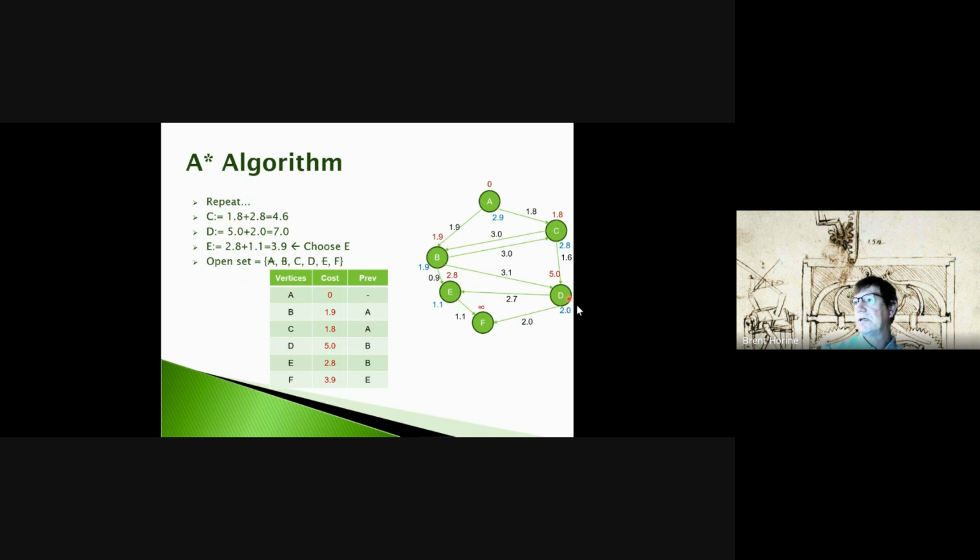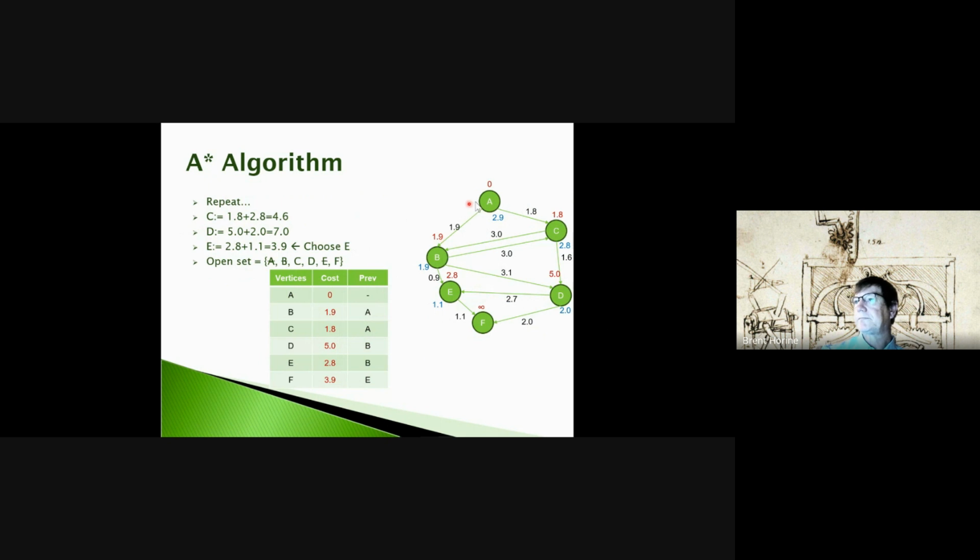D, it took us 5 to get to D from B, and then it will take us another 2 to get to F, right? So that'll be a 7. Now note that it would be cheaper overall to go that direction, right? To go from A to C to D to F, even though it's not fully the optimal.